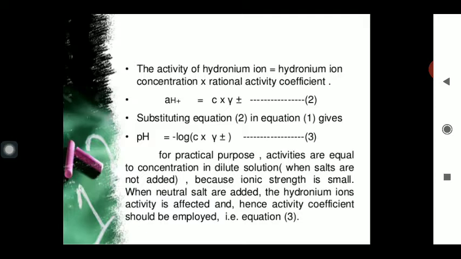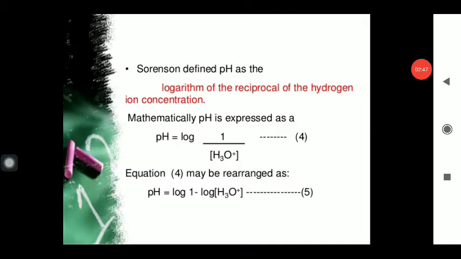Substituting equation 2 in the first, we get pH is equal to minus log C into Y, and this is taken as equation 3. In this way, this is the final equation by which you can calculate the pH scale.